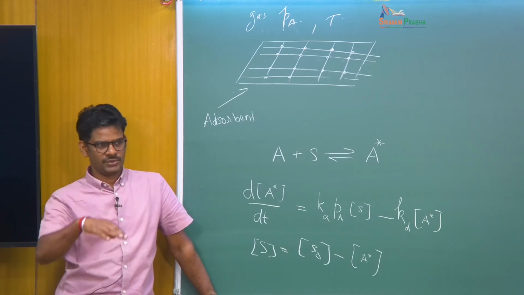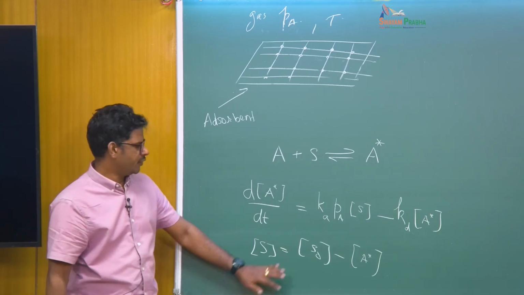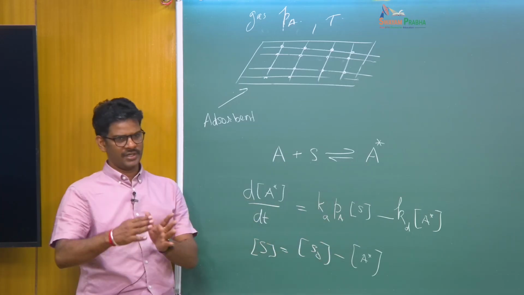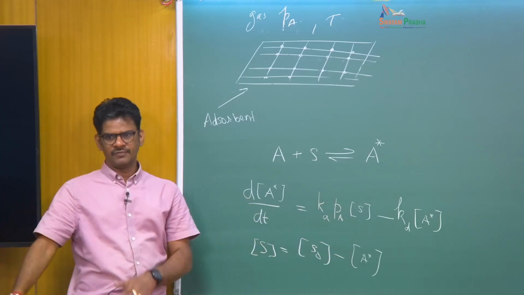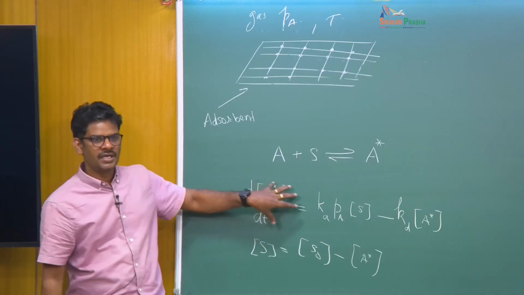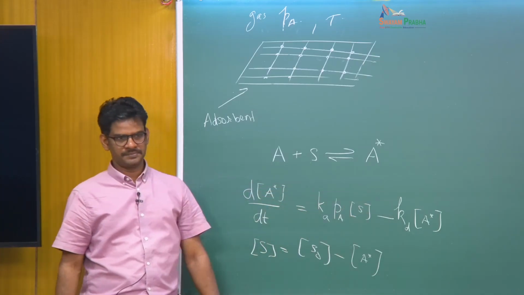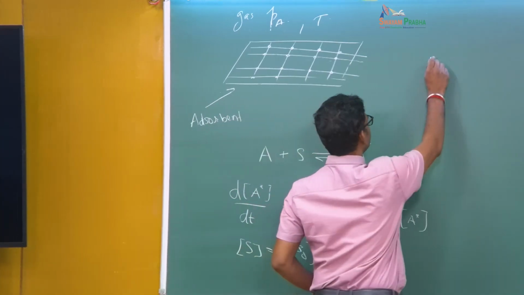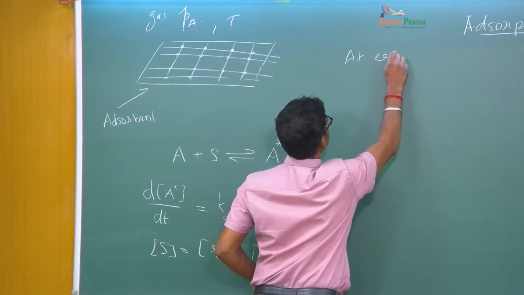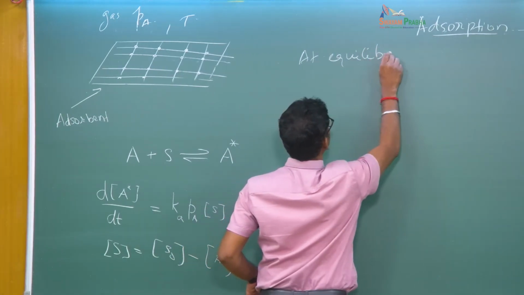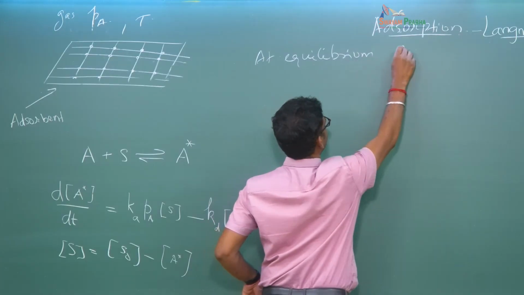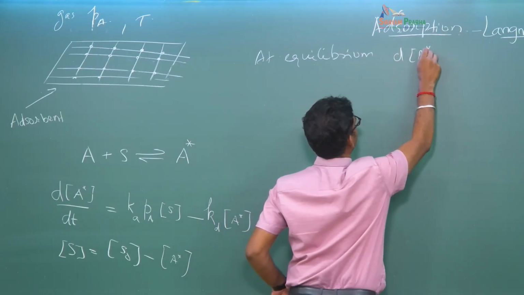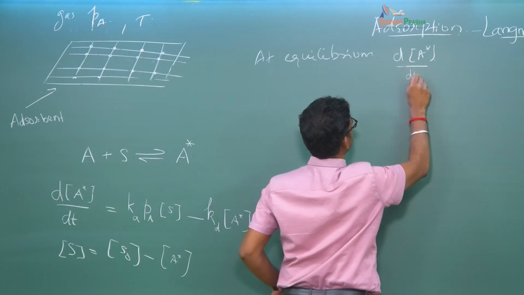to an equilibrium value. But if you're not interested in the kinetics, and you're looking only at the final equilibrium value, you can set this equal to 0 and derive the condition for equilibrium. So at equilibrium, the rate of change of adsorbed molecule concentration is 0.